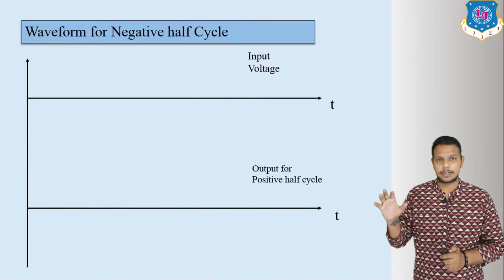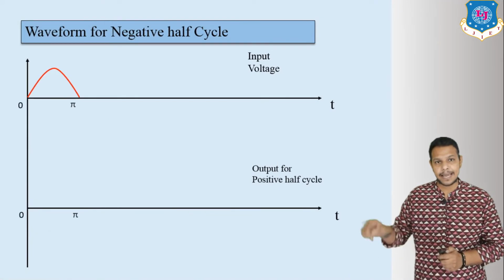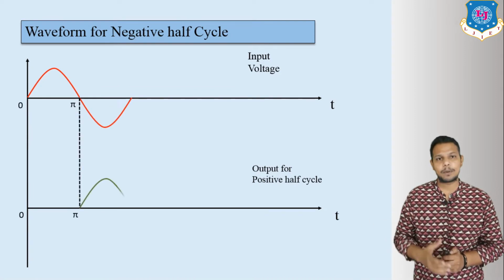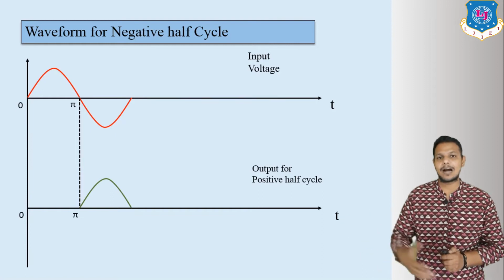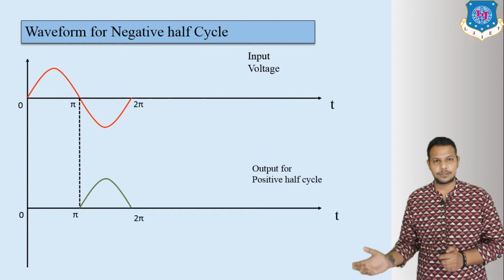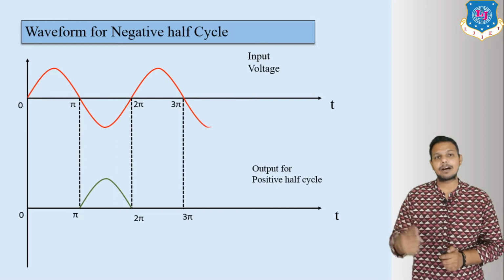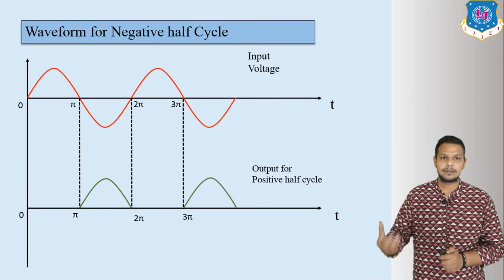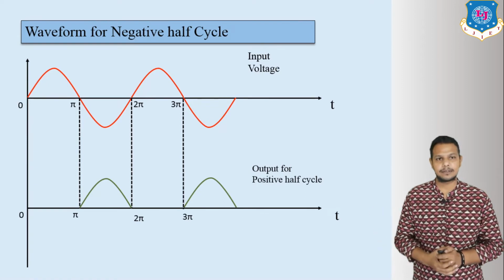Now its waveform: if we apply here a negative half cycle, pi to 2 pi, then we will get a positive half cycle from the output side. Again, if we apply a negative half cycle, then we will get a positive half cycle.